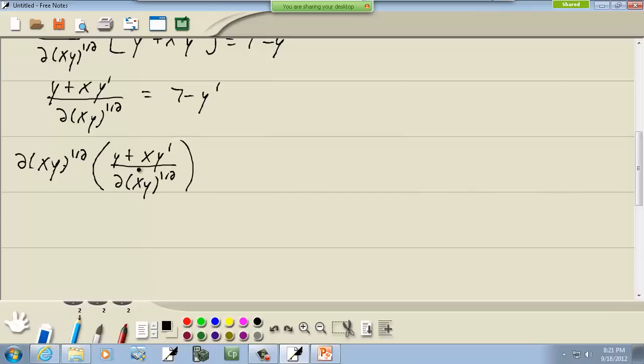That's a single fraction there. That's why I multiplied it all by that. Over here, I'm going to multiply that times a 7. And then I'll also multiply it times the negative y prime. Okay, on this side, that cancels with that.